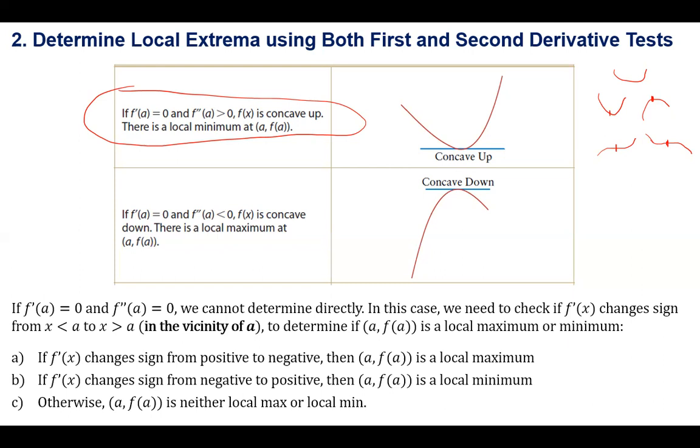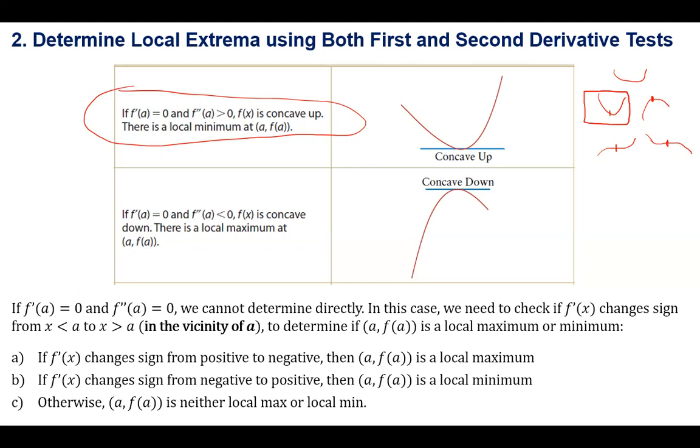If the second derivative is greater than 0, this means this function is concave up at this point, right? So the only possibility is this one. Then if the first derivative is 0 and the second derivative is greater than 0, we know that point should be the local minimum of that function, right?